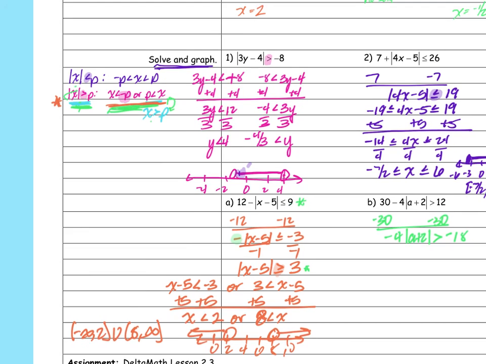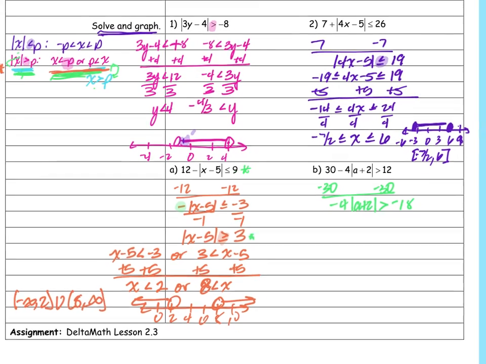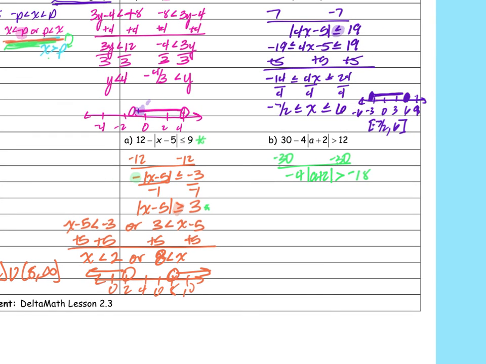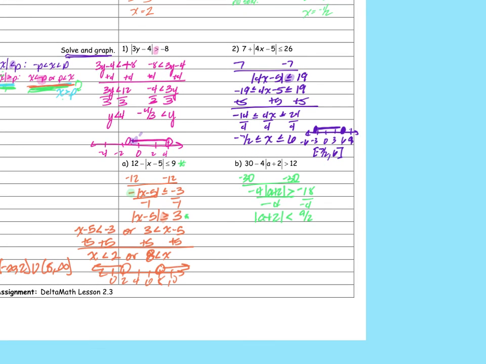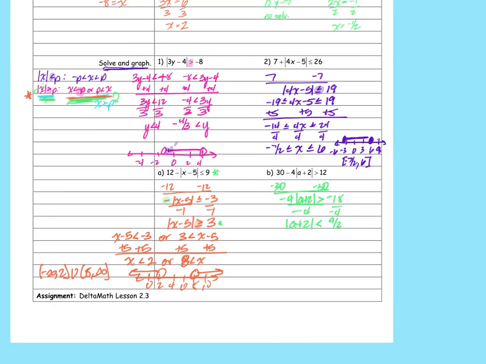Okay. All right, so I guess I'm going to divide by negative 4. And I divided by a negative number, so I'm flipping it, and this is going to be 9 halves. Wow, okay. So then I have, according to my rule, which one is this one?